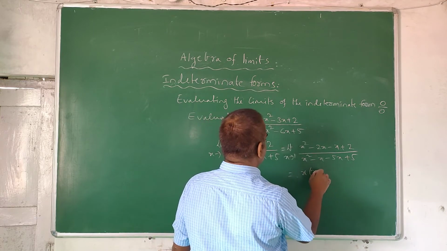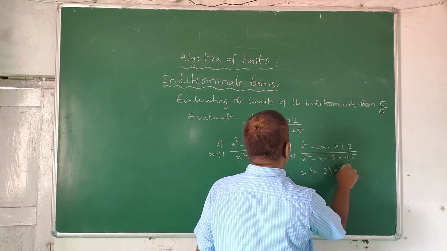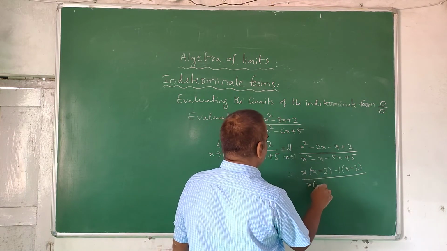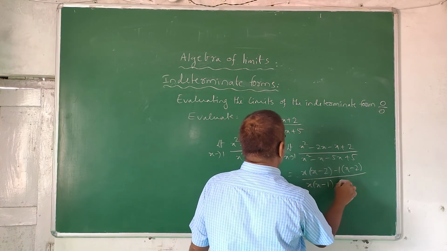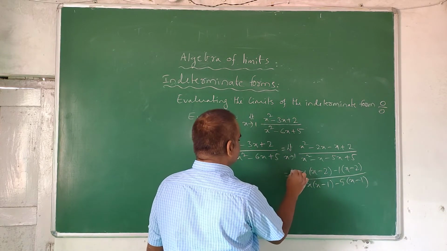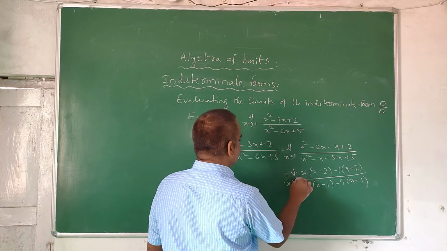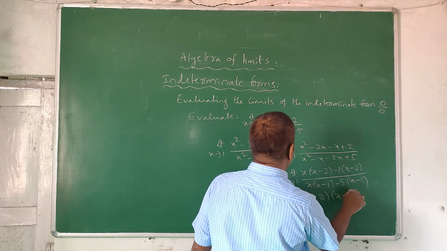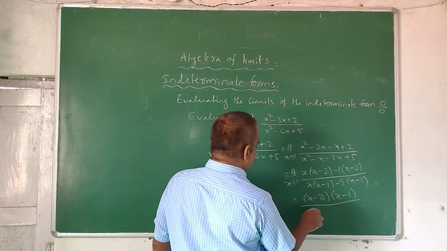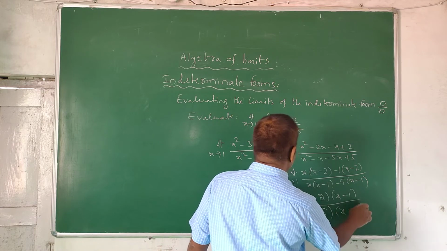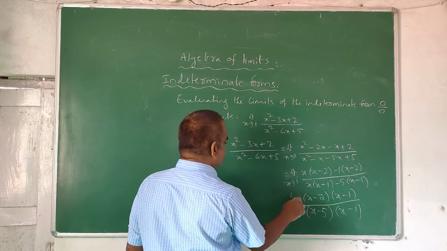Taking x common, x into x minus 2, minus 1 common, x minus 2, by x common, x minus 1, minus 5 common, x minus 1. On the whole, x minus 2 common: x minus 2 into x minus 1 by x minus 5 into x minus 1, as limit x tends to 1.